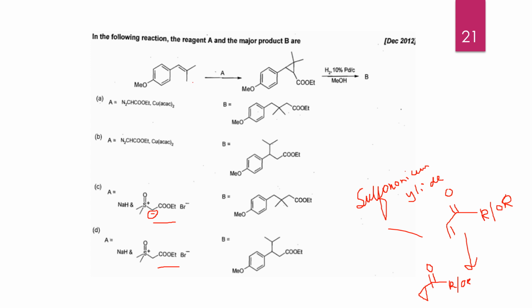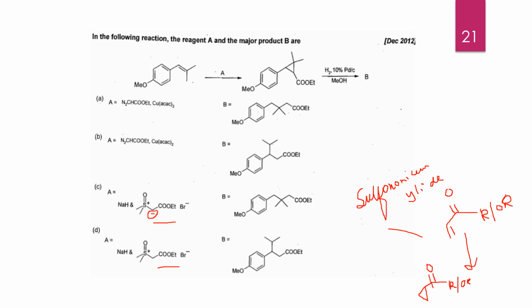So this is called sulfoxonium ylide. When it is added to an alpha beta unsaturated double bond, it will give a cyclopropane ring. But the main criterion is that the double bond has to be alpha beta unsaturated, like an electron withdrawing double bond.